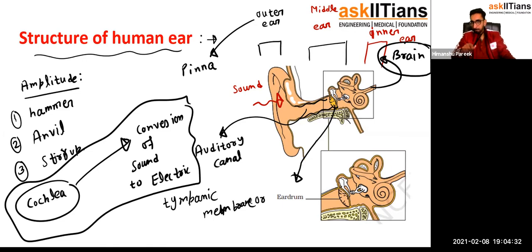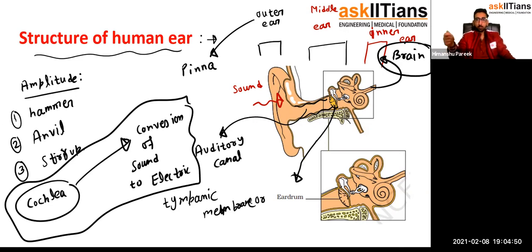So the sound wave enters through the pinna, then it goes to the eardrum, the eardrum vibrates, then there are three bones which are called hammer, anvil, and stirrup. They will amplify the sound wave, and then we will be transferring this information to the inner ear.